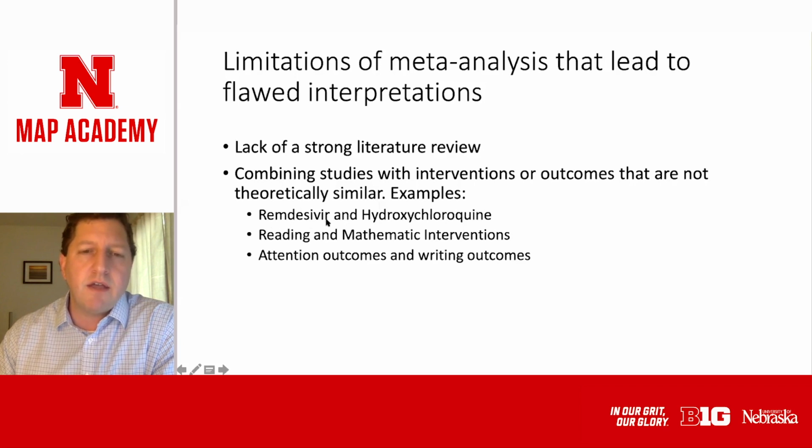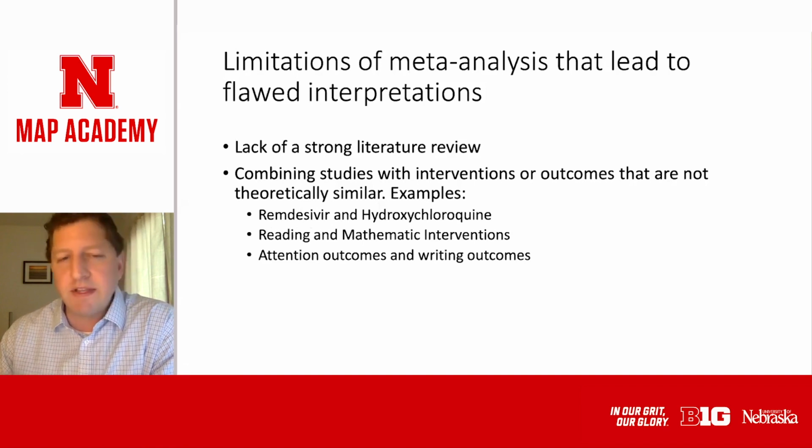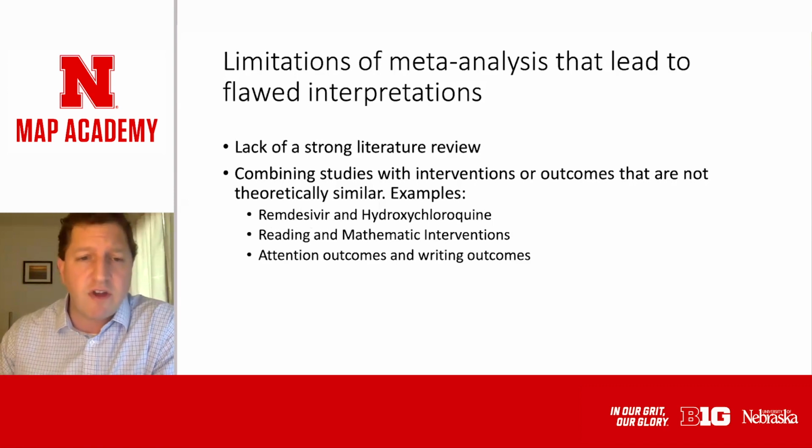If you were to include both of those in a meta-analysis and you found that, oh yeah, they're effective, what is that really telling you? Are they both effective? Is one effective and one's not, and one's driving the analysis? That would be a really bad meta-analysis to do. So you want to make sure that you're thinking about your interventions and the outcomes.